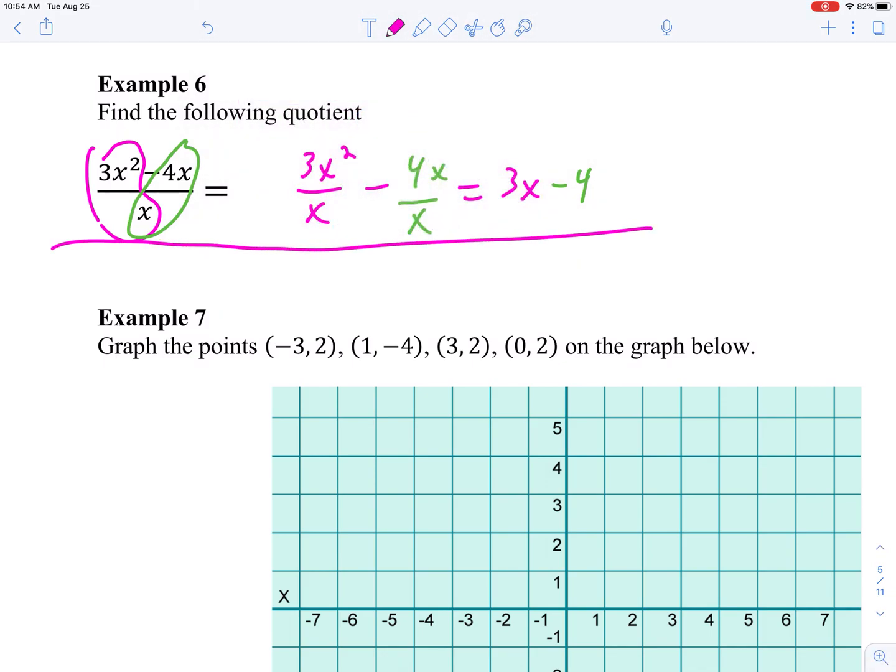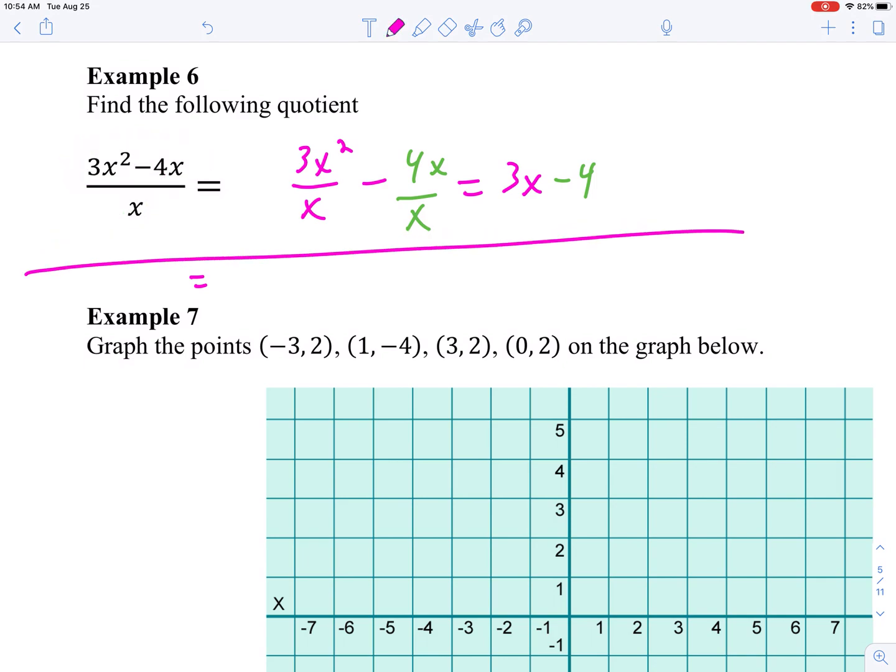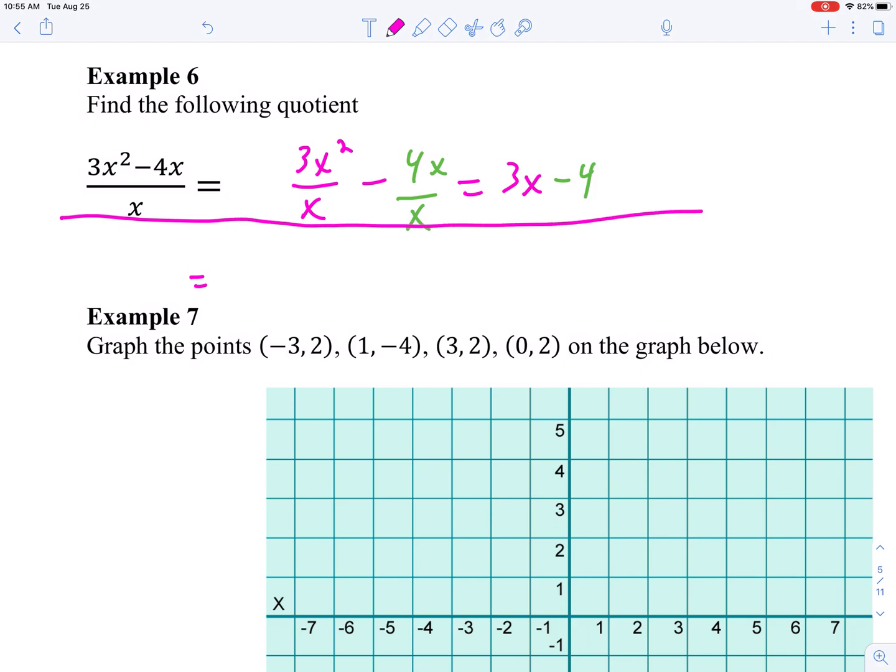Another way to do this exact same problem is we could look at the numerator, the top. The top has an x in common, so we could factor out the x. So we could say x times (3x minus 4) over x.